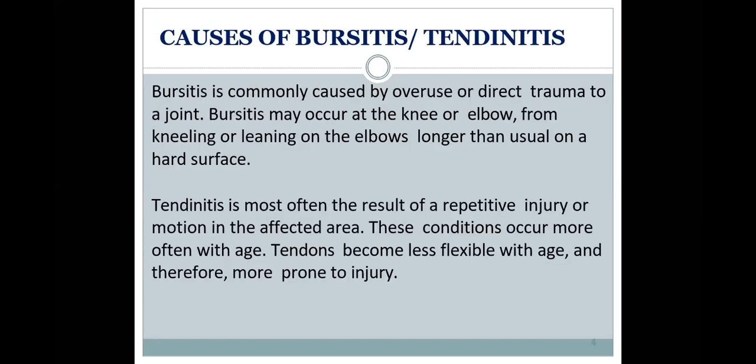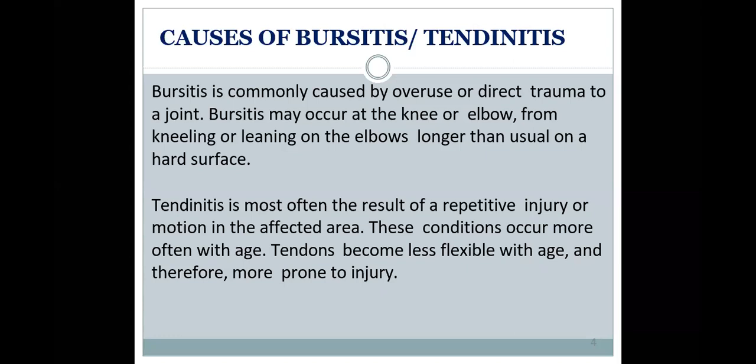Okay, now causes of bursitis and tendinitis. Bursitis is commonly caused by overuse or direct trauma to the joints. If there is overuse of any joint, then this can cause bursitis, and it may occur at the knee or elbow from kneeling or leaning on the elbow longer than usual on a hard surface.